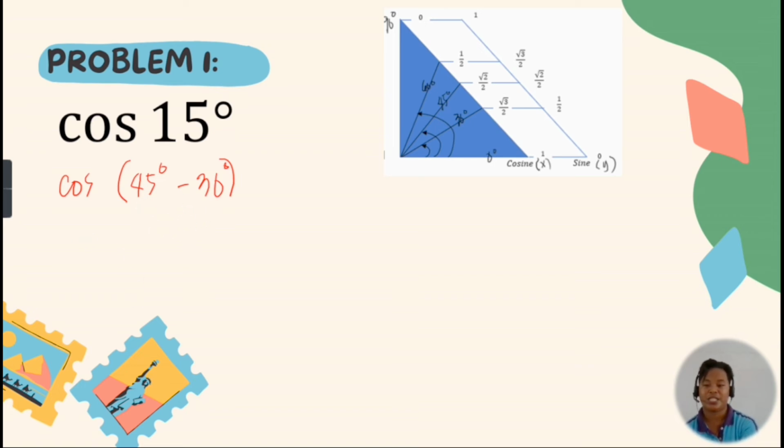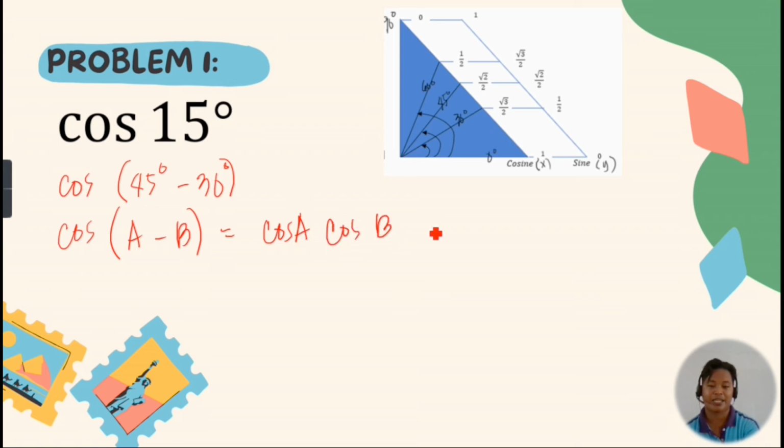And we have the formula for cosine A minus B, the difference of two angles, which is cosine A cosine B plus sine A times sine B. This will be our formula to compute cosine 15 degrees. We're going to let A be 45 degrees and B be 30 degrees.